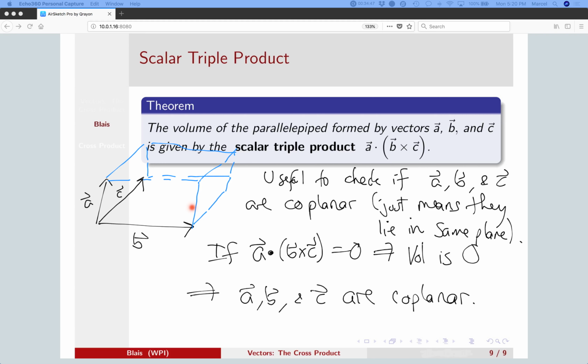And again, if that volume is 0, then you know the three vectors lie in the same plane. So this is the basics of the cross product. In multivariable calculus, it is critical to be comfortable with the cross product and be able to calculate them quickly, efficiently, without error, because it comes up as a tool in many different contexts going forward in multivariable calculus.